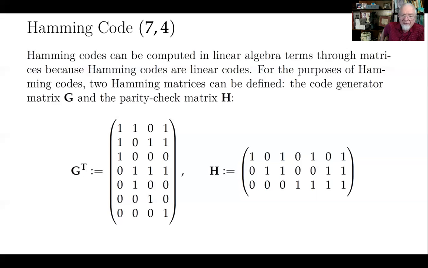If you've got the receiving code and you inner product it with H, then you will get the 3 parity values Z1, Z2, Z4, which you can then inner product with 1, 2, and 4 to figure out which one of the bits was in error. So you can do it all using matrices as long as you use plus sub 2 and times sub 2 instead of the usual plus and times.